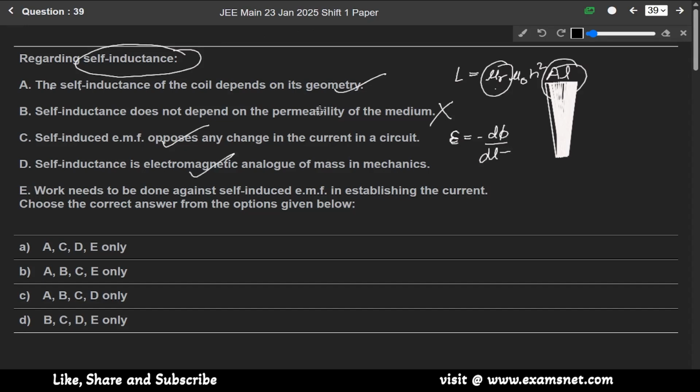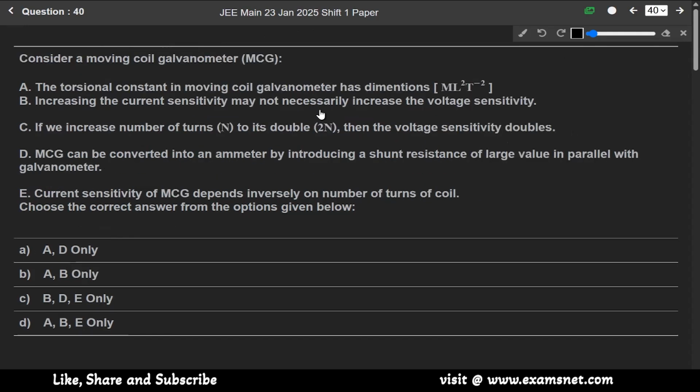And the fifth, work needs to be done against self inductance emf in establishing the current, is also correct. So from these five, only B is wrong, so the correct ones are A, C, D and E only, which means option A is the correct answer. Now next question 40. Consider a moving coil galvanometer, MCG.